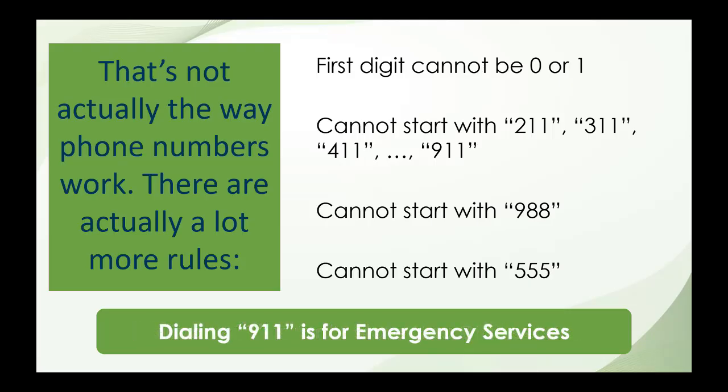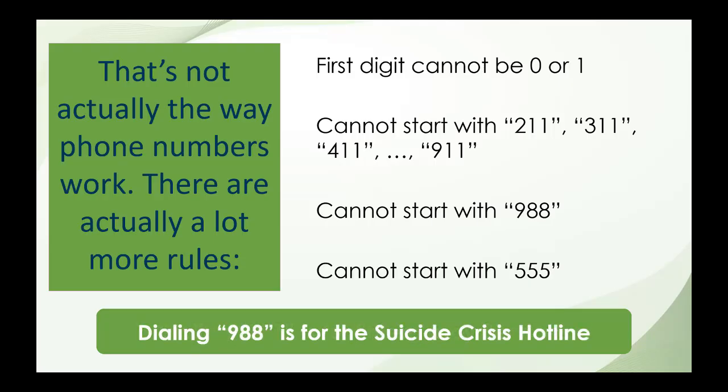Of course, 911 is for emergency services if you need police, fire, or ambulance. 988 is a relatively new number. It's the suicide crisis hotline. So if you or somebody you know is suffering through a suicidal crisis, let them or you dial 988 for help.